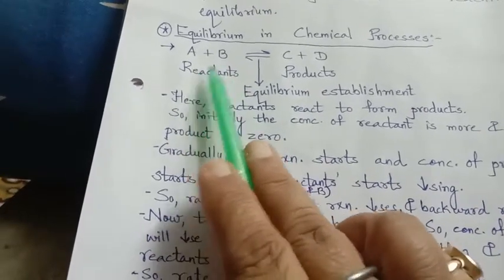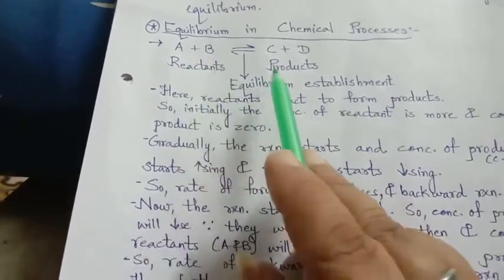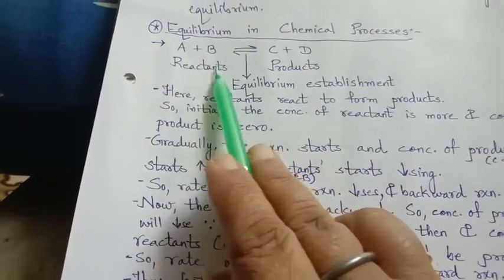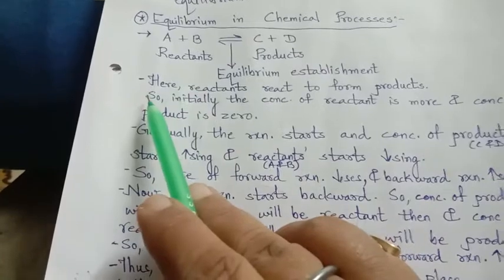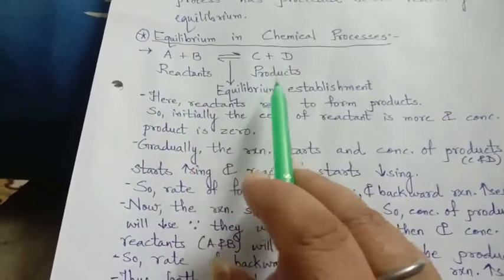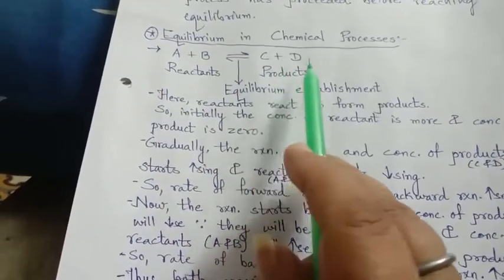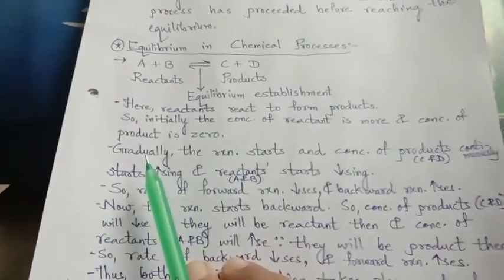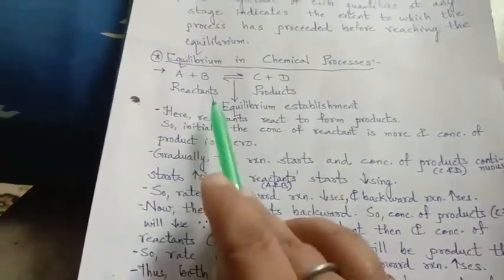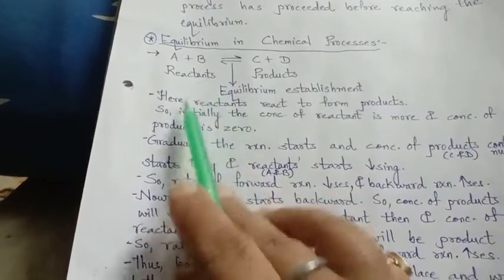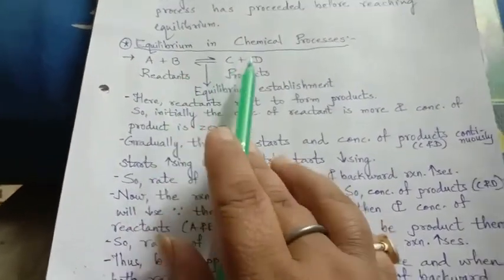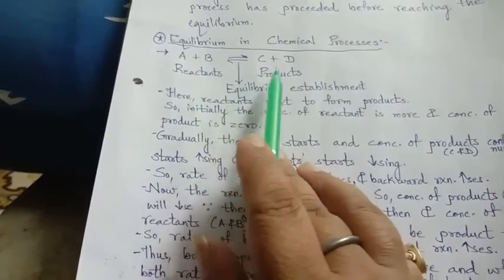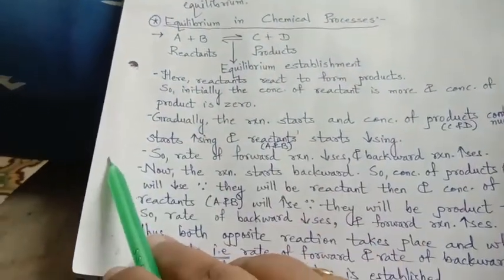Utilization of A and B will take place to give the products C and D. So the concentration of A and B keeps decreasing, and slowly and gradually the product starts forming. So the concentration of product will start increasing. When the concentration of reactant decreases and the concentration of product increases, then it is the forward reaction, right?